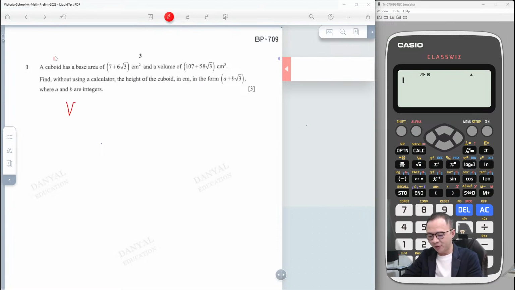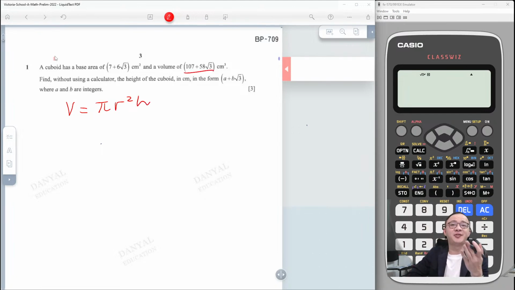All right, so we know the volume formula here is pi r squared h, isn't it? And the volume given is 107 plus 58 root 3. And then the base area is also given. So this is not the radius, but I think this is the base area.